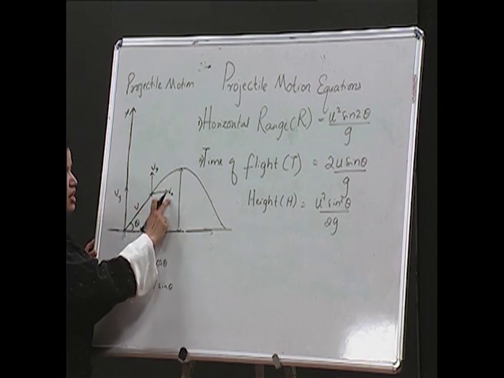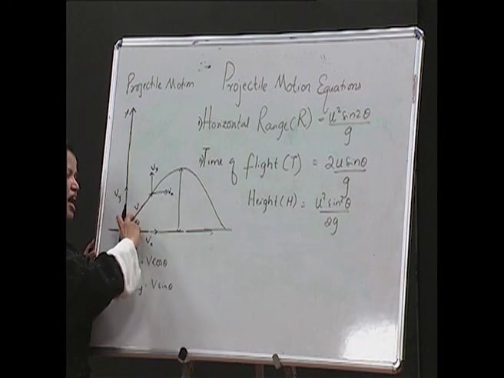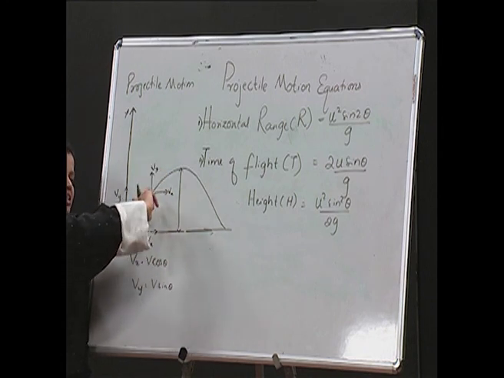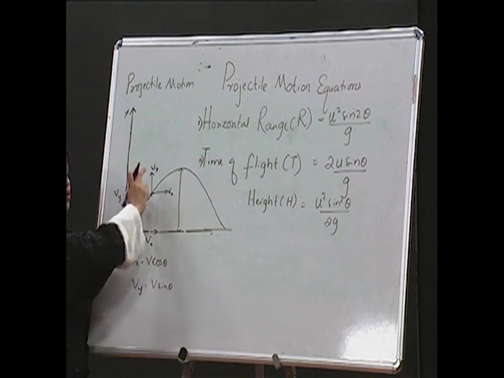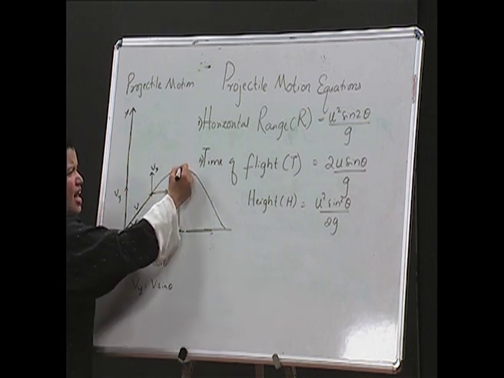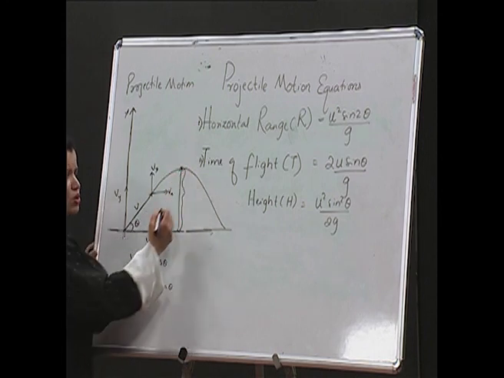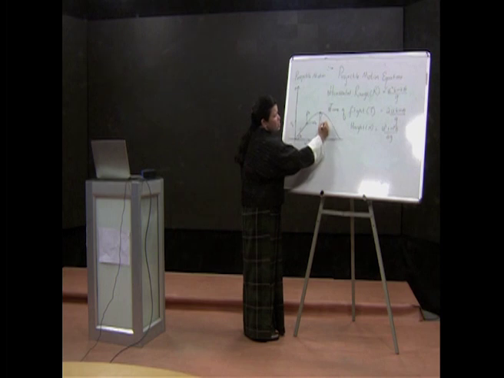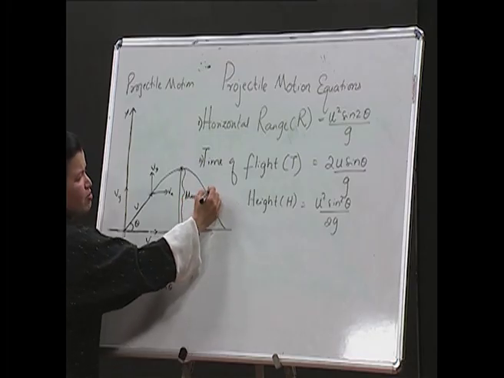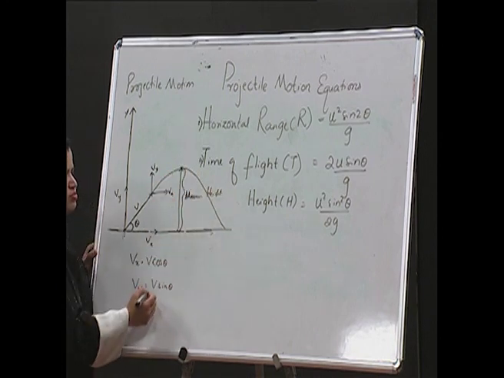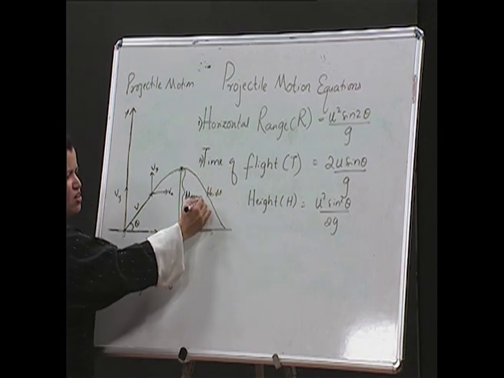At this point you can notice that the height of the projectile rises at the cost of the velocity getting reduced. At this highest peak, this maximum vertical distance is what is known as the maximum height. The symbol we can take as H or Y naught.